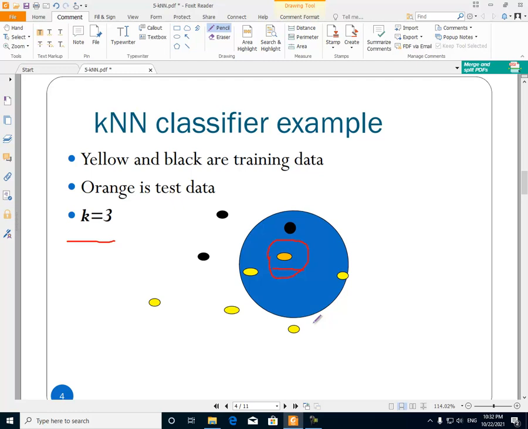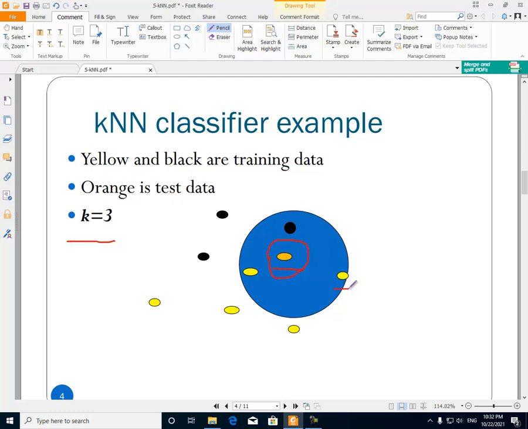After that we find the data that are nearest to the test data. As you see here, k is equal to 3, so we find the 3 nearest data to the test data.